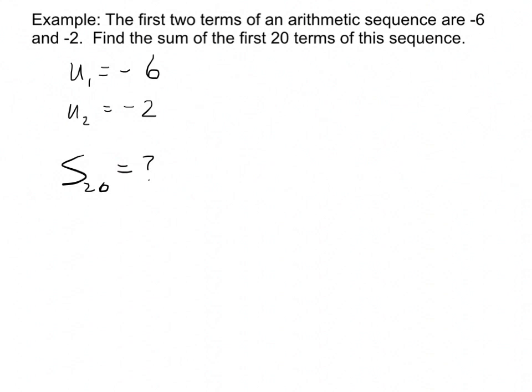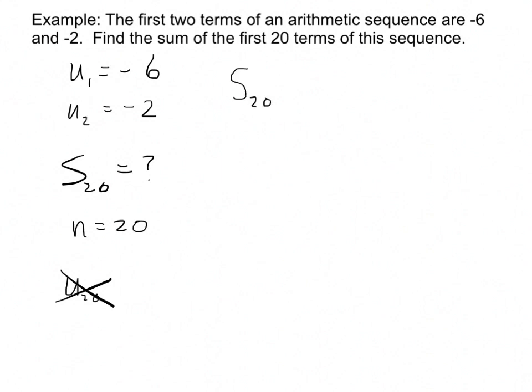If they want S20, that means that n in this problem is forced to be 20. So you'll notice, in this problem, they did not give us u20. u20 is what we would need, the 20th term, in order for us to use the first formula. We have the first term, we have the second term. They want the sum of the first 20 terms. So we recognize we're going to use the second formula.